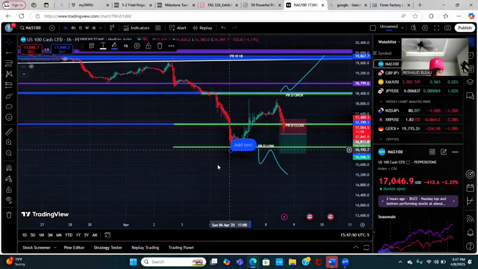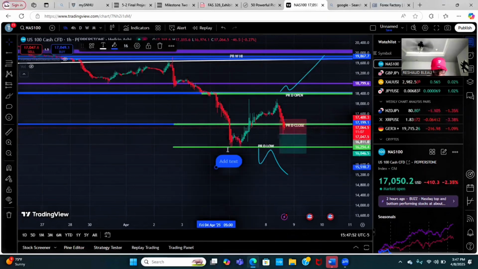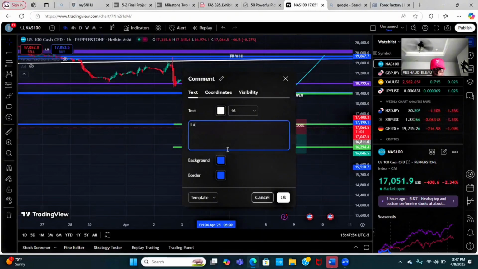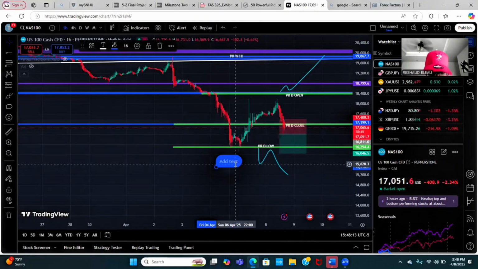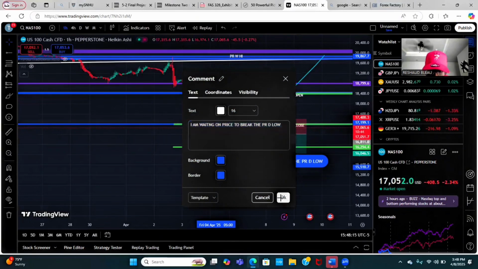I am waiting on price to break the previous daily low. Where did that go? Oh, there you go.